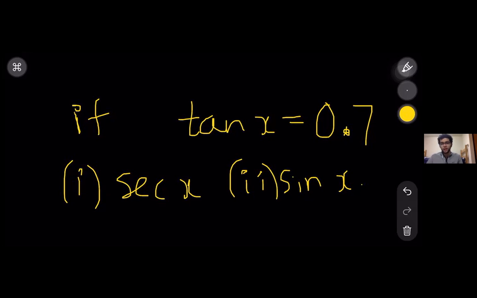I'll just wait for others to get it as well. Look at which formula might be the best to use when you know tan, but you don't know anything else, and you want to find out secant. Which would be the best formula to use? Okay, waiting for some more answers. Look at all of them properly, and you can choose which formula you want to use.